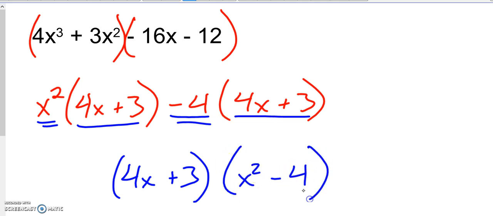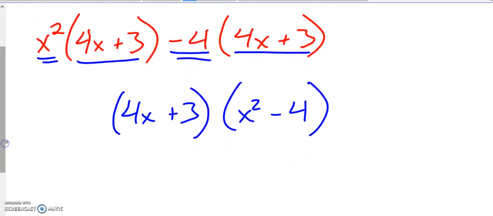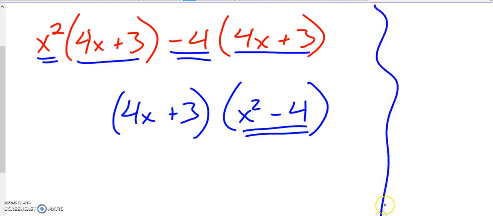And here's where we're not quite done yet. So this is one thing that we're going to have to take note of. We have a difference of 2 squares right here, which we know, as we kind of remember, if there's no middle term, there's a 0x there. So we're looking for 2 numbers that multiply to negative 4 but add to 0, and those are going to be opposites.